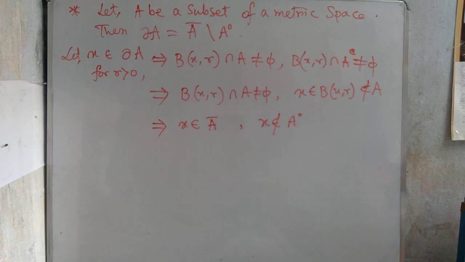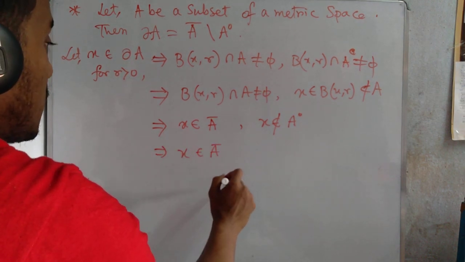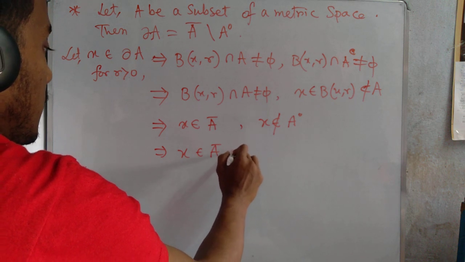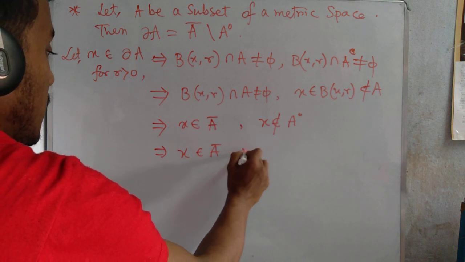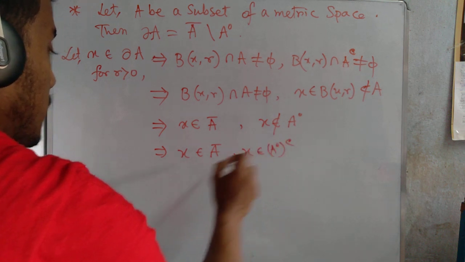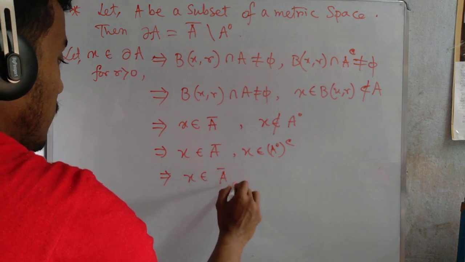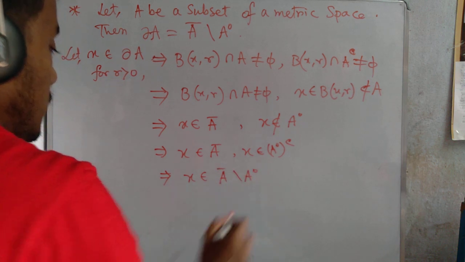This implies x belongs to A closure and x belongs to A interior complement. This implies that x belongs to A closure difference A interior.